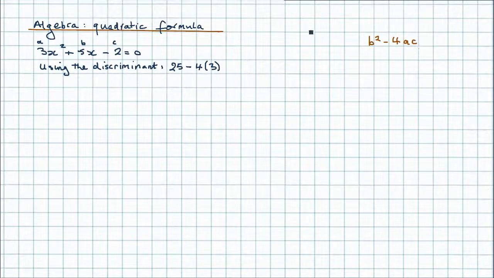And again, using the formula, go back to c. c is minus 2, negative 2. So negative 2 in brackets, like this. And that gives me a value. Now, 25 minus 4 times 3 is 12, but times a minus is going to give me a plus. So plus 24 gives me the answer of 49.